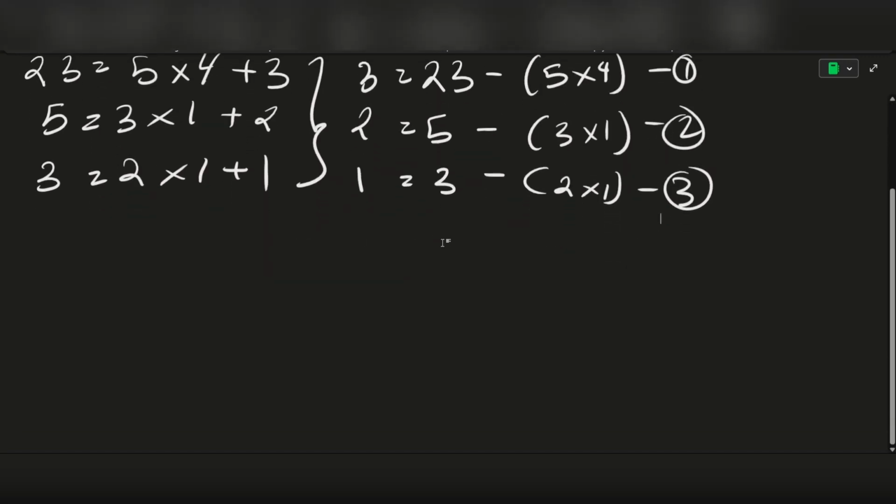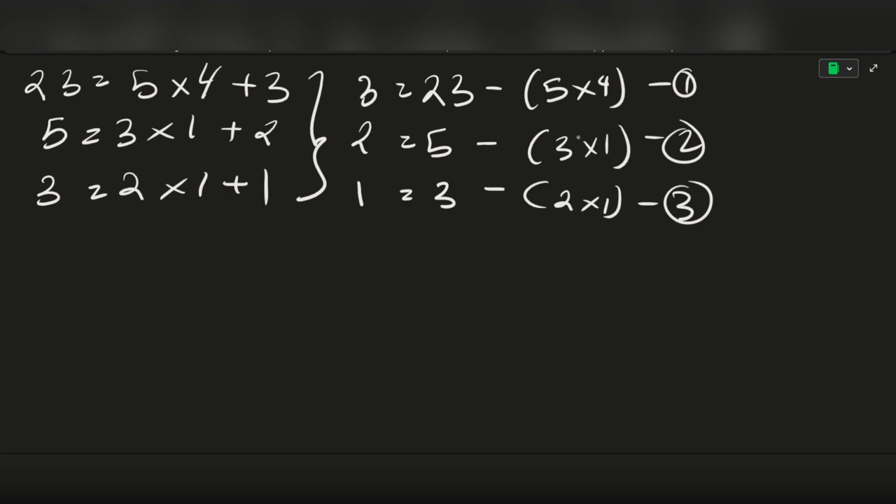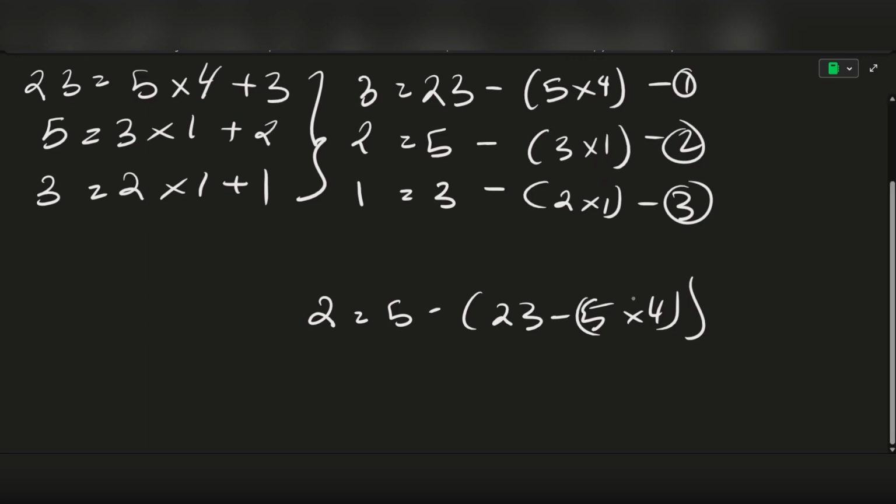So now what we'll do, we will have 3 put in here. This whole equation put in there. So we have 2 is equal to 5 minus 23 minus 5 times 4. Because it's times 1, it won't change a thing, so we write the same one.